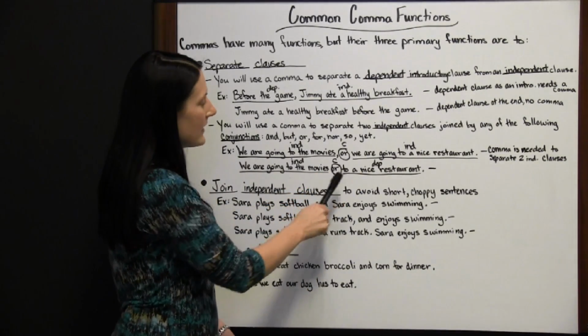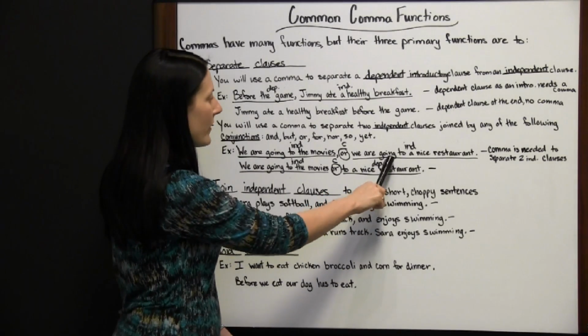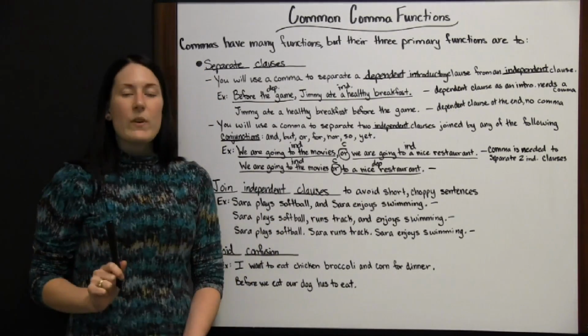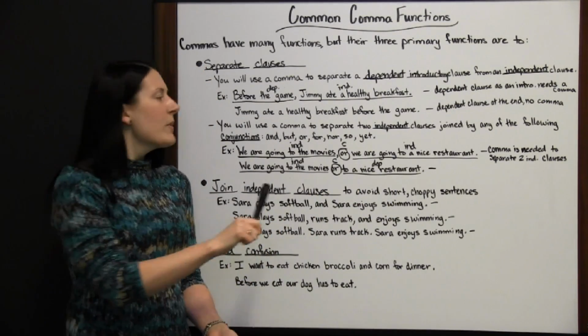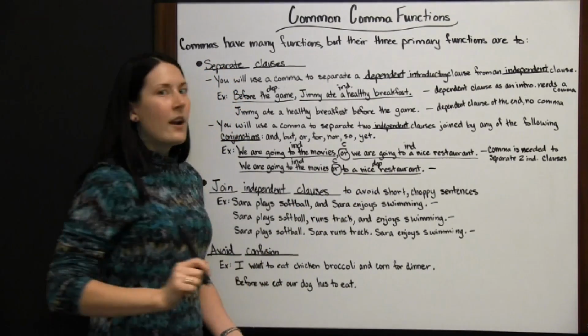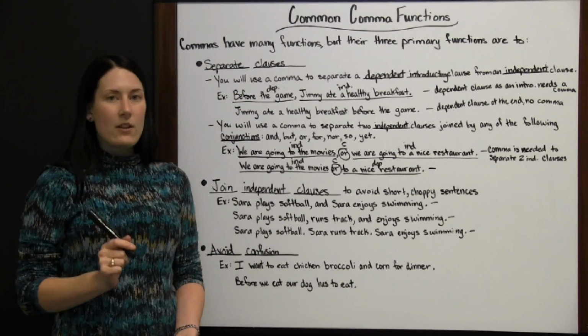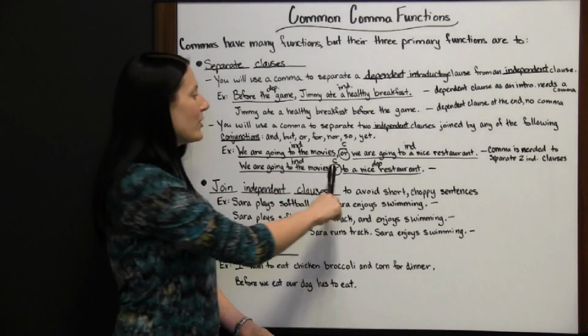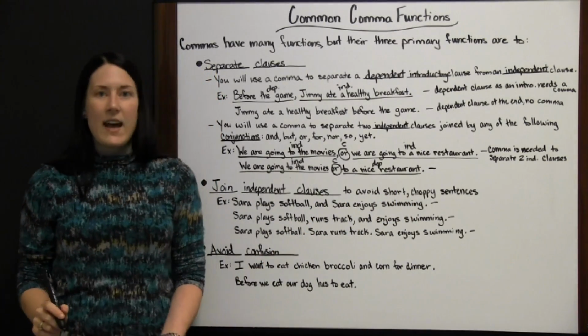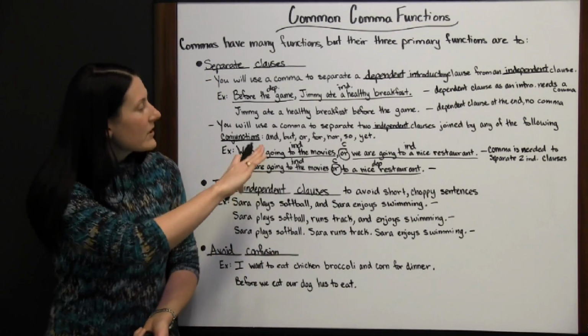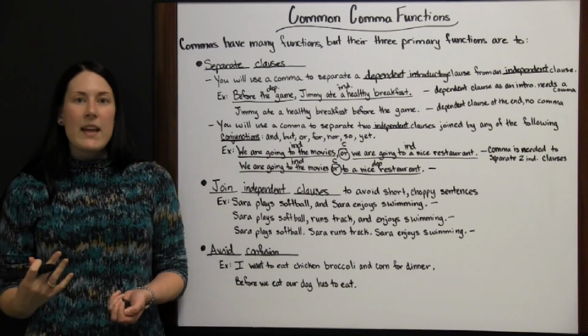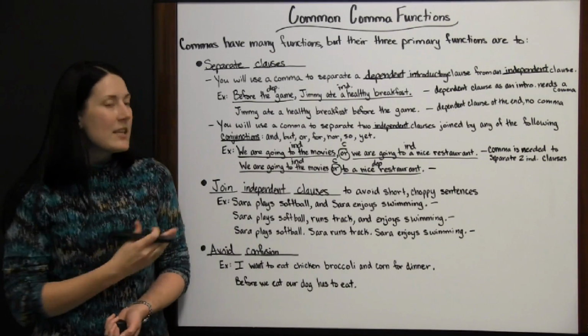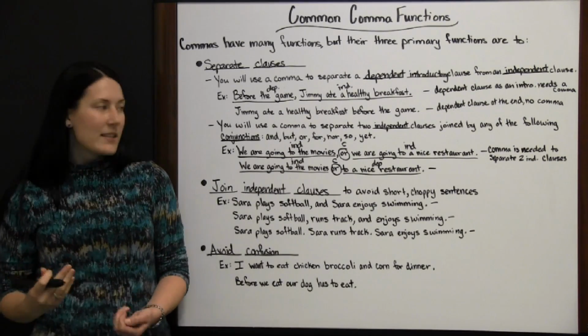In this version of the sentence, we had we are going still included. So we still had a subject and a verb, so this was a complete thought all by itself. So it was an independent clause. It could stand as a sentence. To a nice restaurant is missing that. It's missing both your subject and your verb. It's not been made a complete sentence, so it's dependent on the rest of the sentence to make sense.